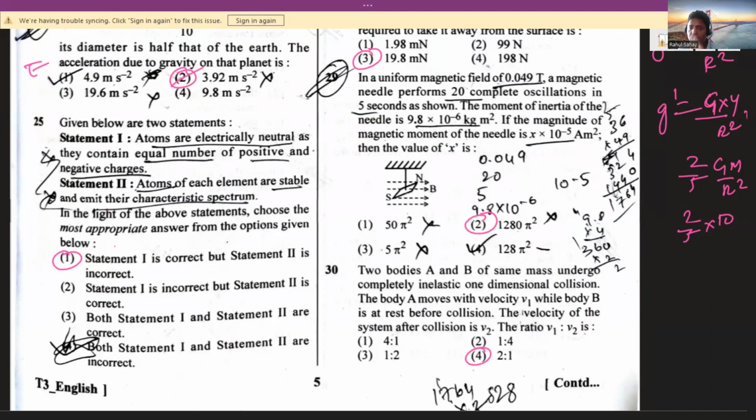And in the new NCERT, they're saying most of the atoms are stable. So as per the new NCERT concept, most of the atoms, not all. So statement 2 is wrong. As per the old NCERT, statement 2 is also correct. I am going as per the new NCERT syllabus. Okay, next question I'm going to tell.